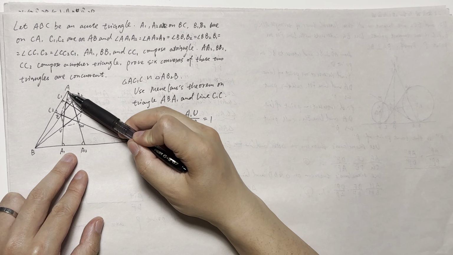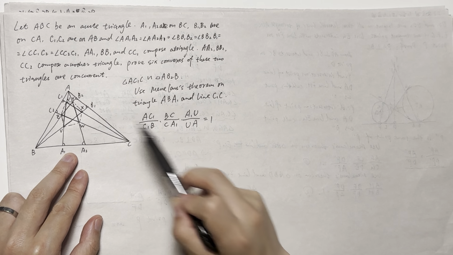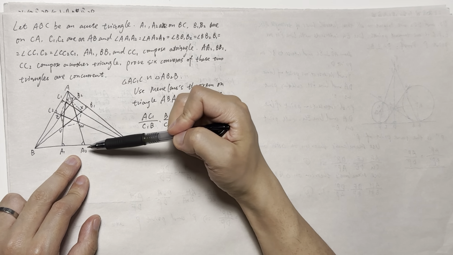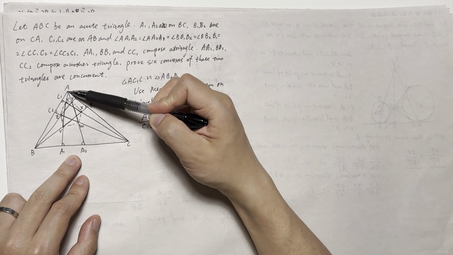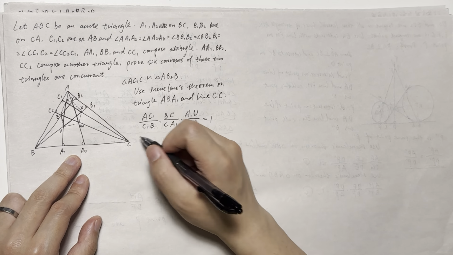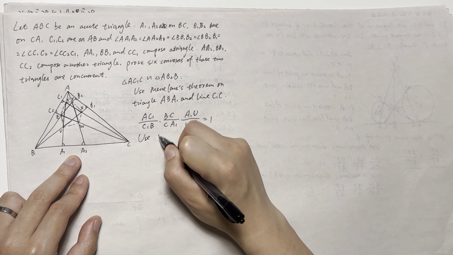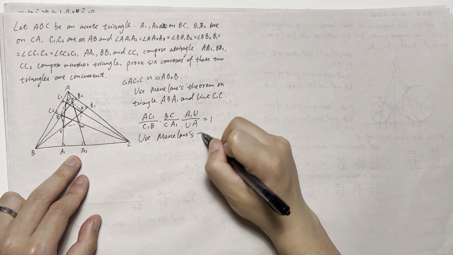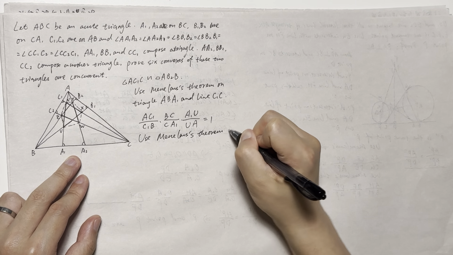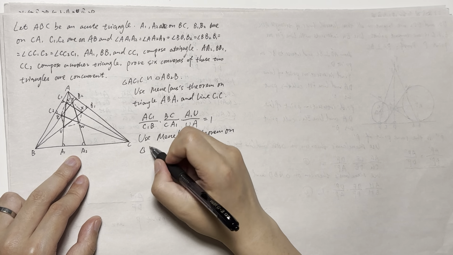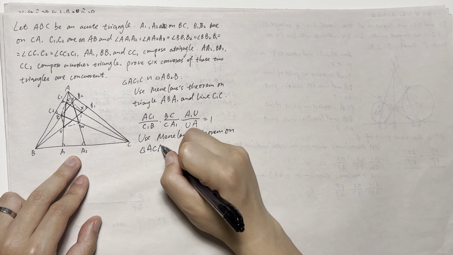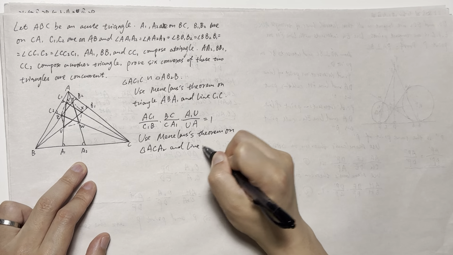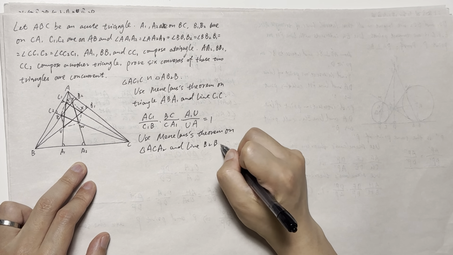Because we have the ratio of A1U to UA, we want to find the ratio of A2Y to YA. So we do a similar thing. We use Menelaus theorem on the triangle ACA2 and line B2B.